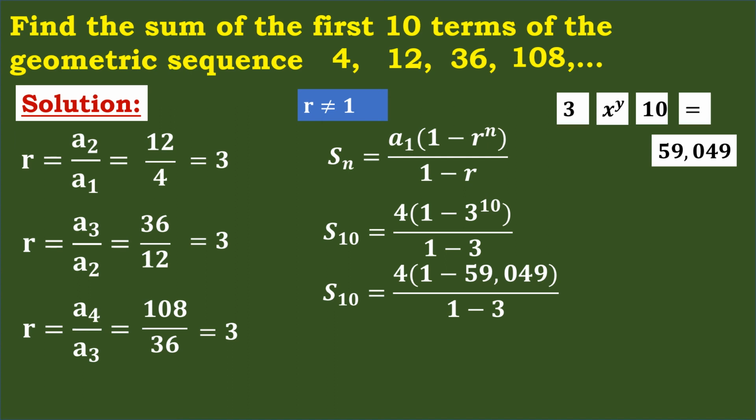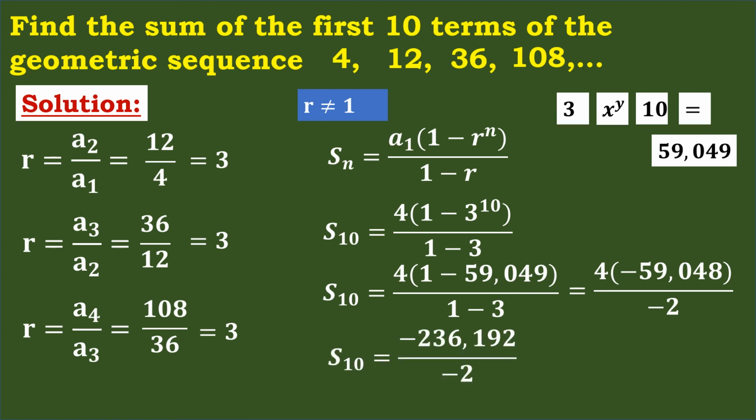59,049. So, yan na. 4 times 1 minus 59,049, divided by 1 minus 3. Eto na. 1 minus 59,049 is negative 59,048. Times natin sa 4. Then 1 minus 3 is negative 2. Simplify natin.